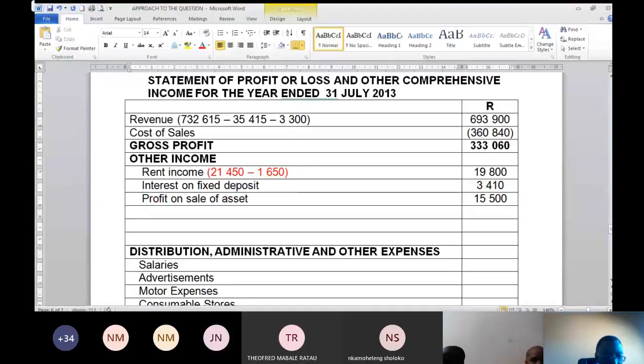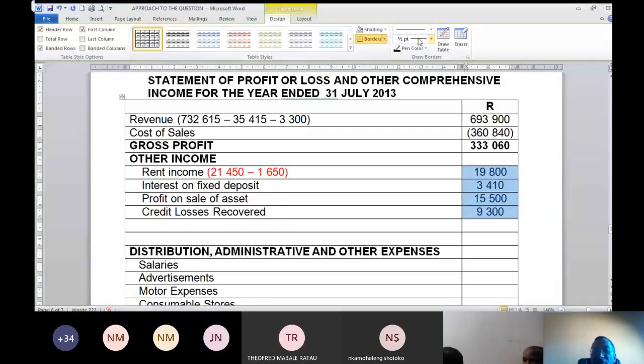And we have got another income account there, guys, that is called credit losses recovered. Credit losses recovered, that is an income account, and that amounted to 9,300 Rand. Remember, credit losses recovered has got absolutely nothing to do with your credit losses. It's a separate account, guys, and that is an income account.